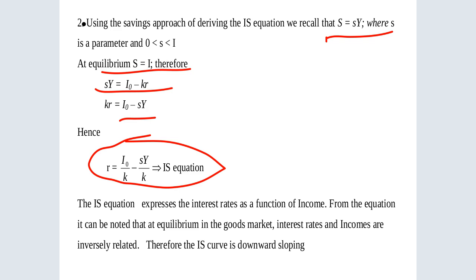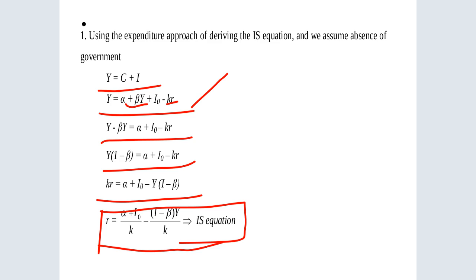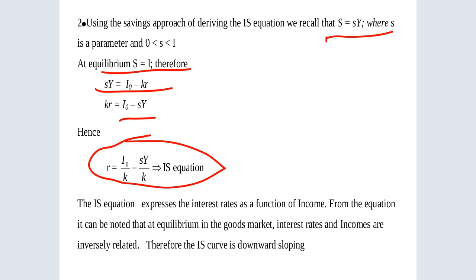You can see we have Y here. The others are constants, I naught over k, s over k, those are constants. Just like what we have here. The first part, which is alpha plus I naught over k, is the same as I naught over k.